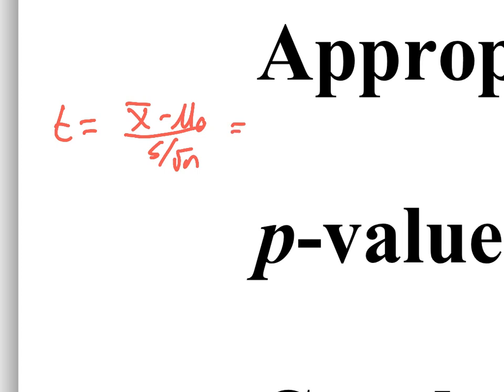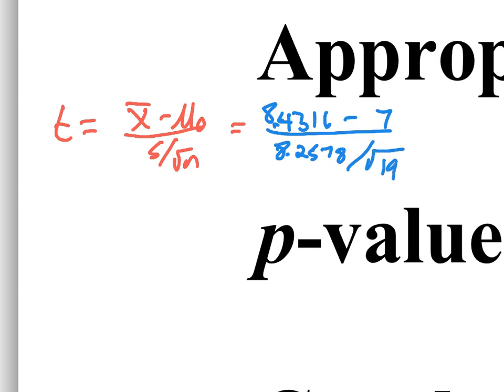X bar is 8.4316, minus 7, over the standard deviation 3.2578, divided by square root of 19.